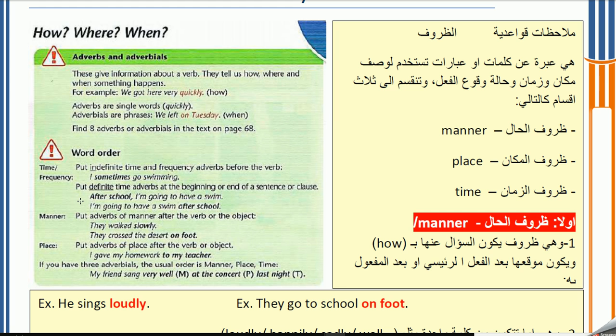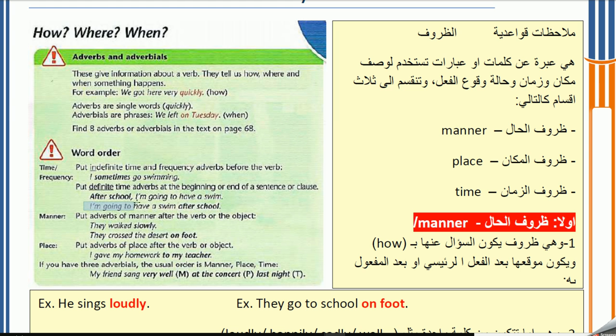For example, after school, I'm going to have a swim. The sentence I'm going to have a swim comes before it, after school. This after school means definite time adverb, comes at the beginning of a sentence.